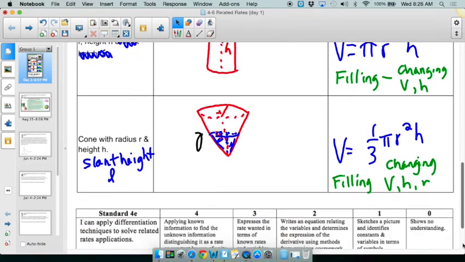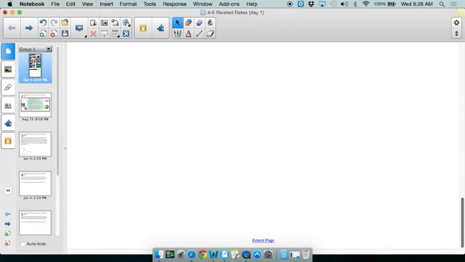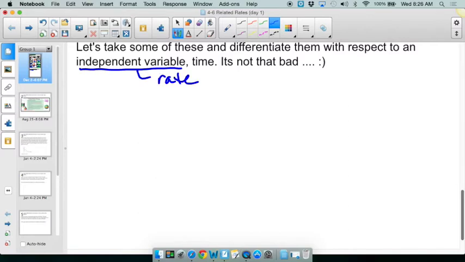So just a quick little exercise here. When we talk about a rate, rate has the implication of being with respect to what? Time.